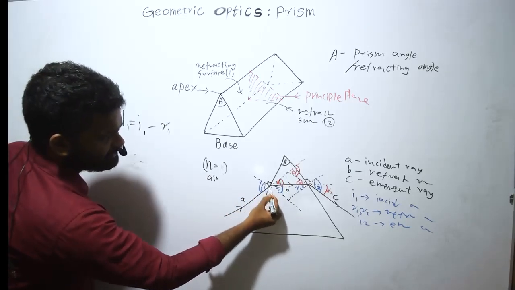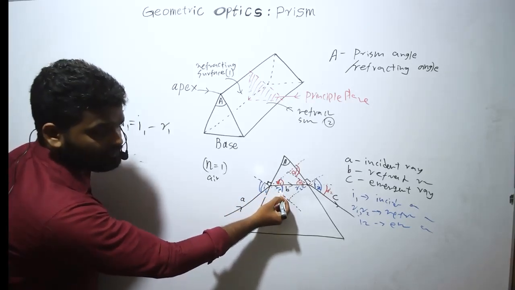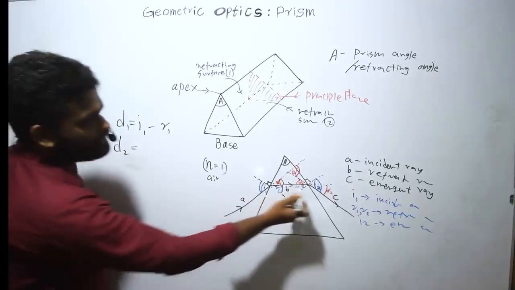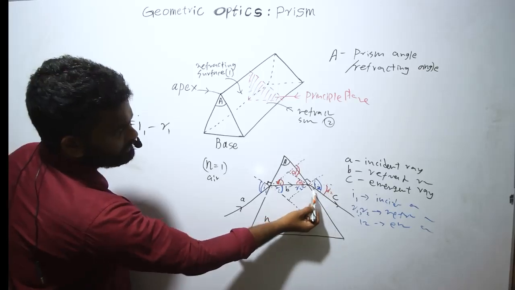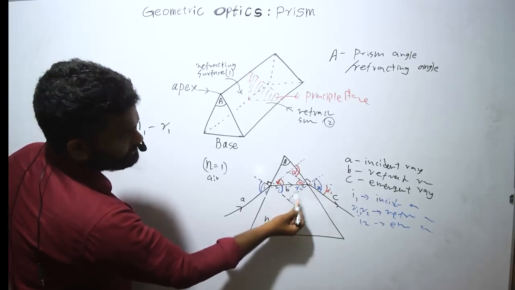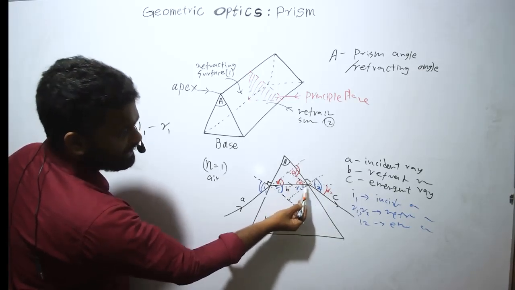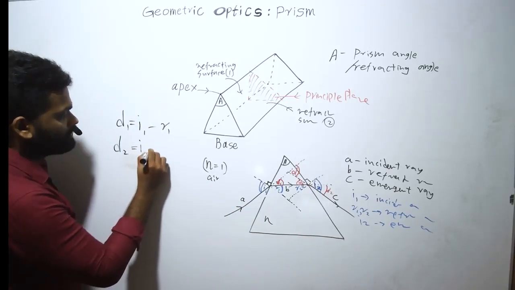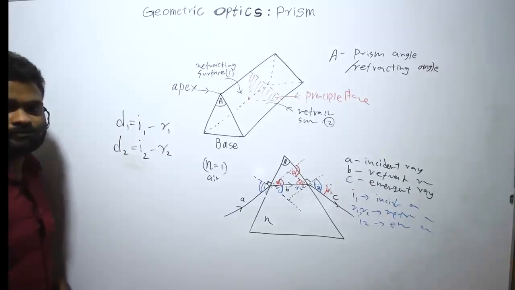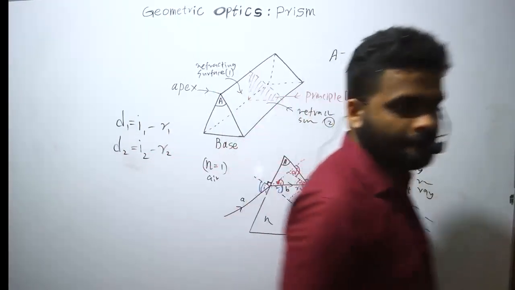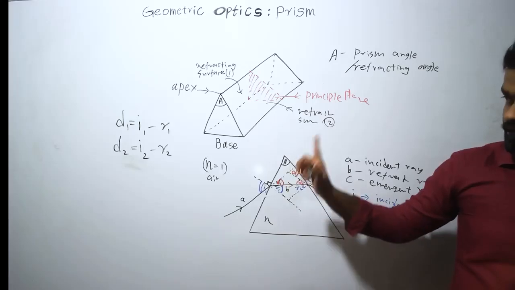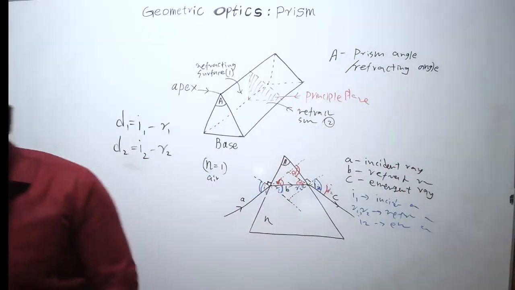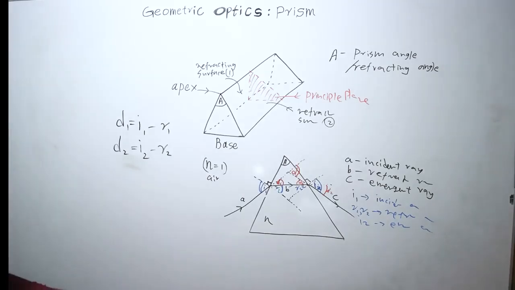Then for D2, this whole angle is I2. I2 minus R2 is going to be D2. So you should be able to derive these on your own, right? These are not complicated. Okay.